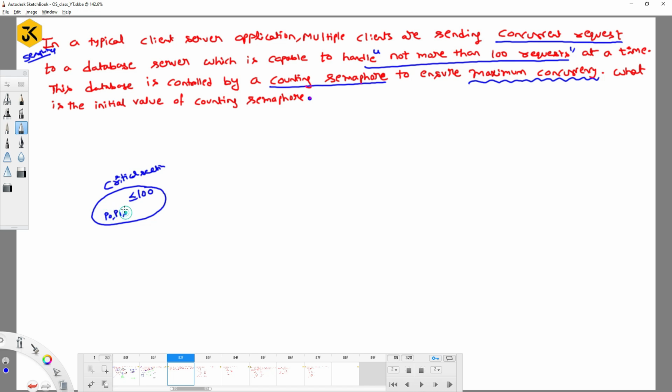P0, P1, P2 and so on, up to P99 will be there at any point of time. 100 processes can be in this critical section, right? So if 100 processes want to be in the critical section at any point of time, what will be the counting semaphore value? That is what they are asking.